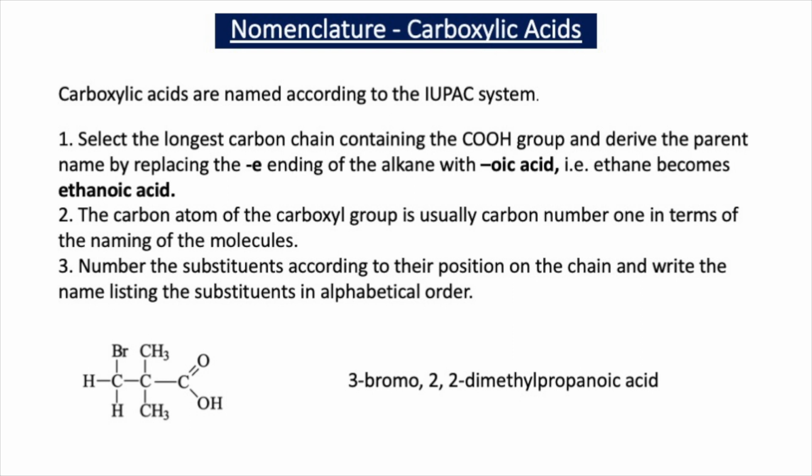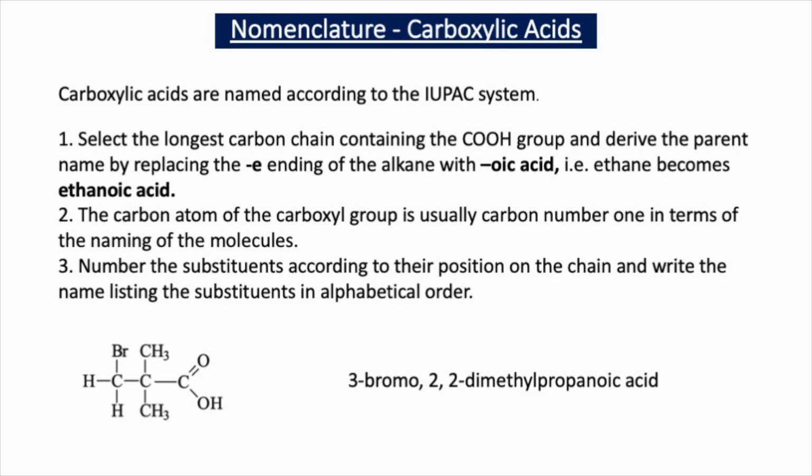So, for example, ethane is a 2-carbon alkane. A 2-carbon carboxylic acid is ethanoic acid. Now, the carbon atom of the carboxyl group, the C double bond O, is usually carbon number 1 in terms of naming carboxylic acids.